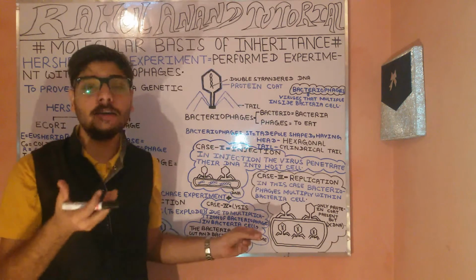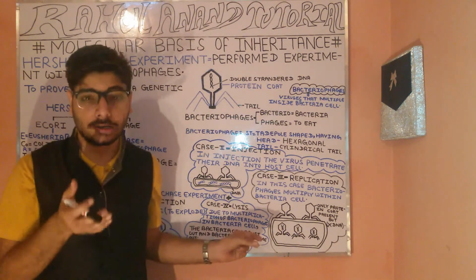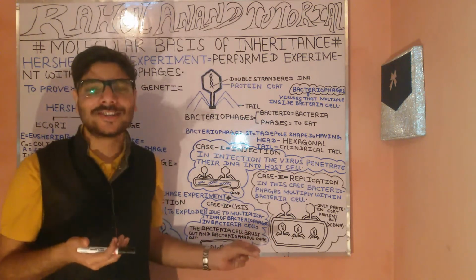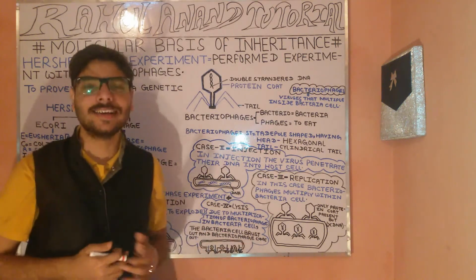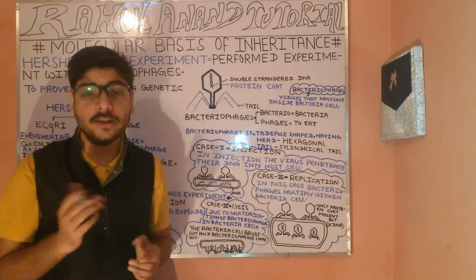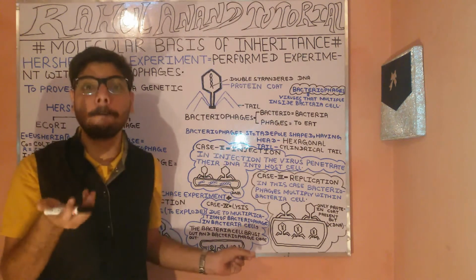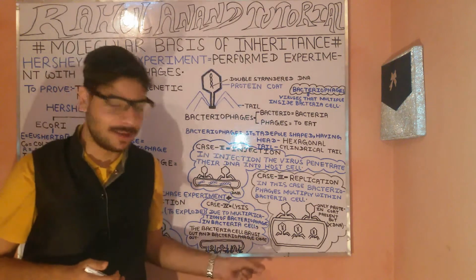Thus the phenomenon of lysis, to break down, will occur. Here the bacterial host cell will break down due to the force exerted by the bacteriophage. You can find it on the board here.